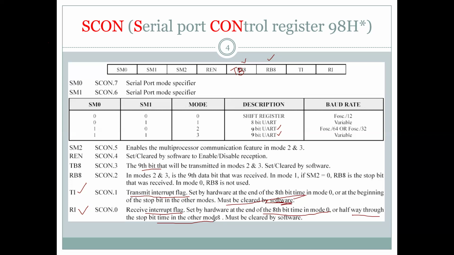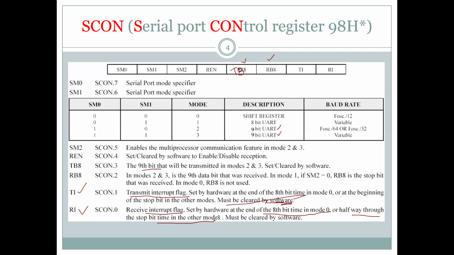So why do these flags have to be cleared? We have a single UART module, which generates a single signal as an indicator to the CPU. Upon the transmitter interrupt flag, a transmission is completed. If TI is 1, transmission is completed, and the CPU has to copy the next character into SBUF.